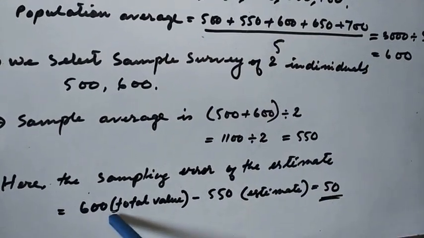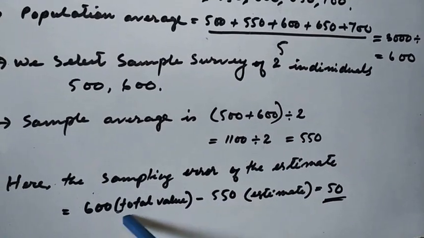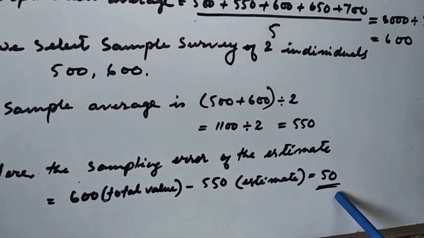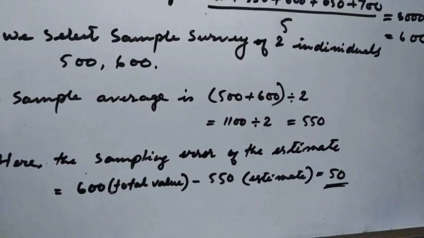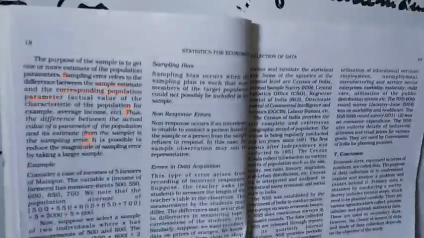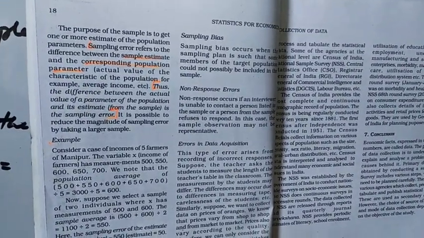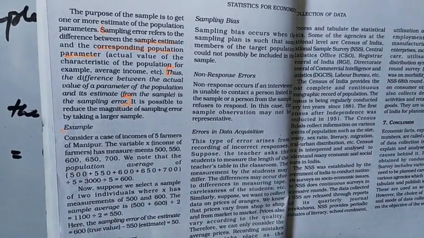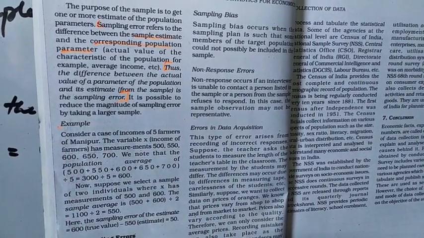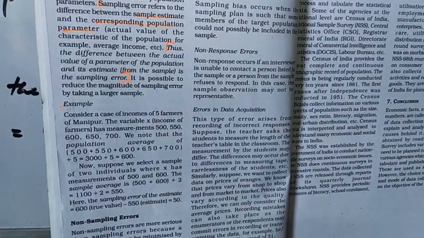When we subtract these two, we get 50. So 50 is considered the sampling error. Sampling errors can be reduced by increasing the size of the sample survey.